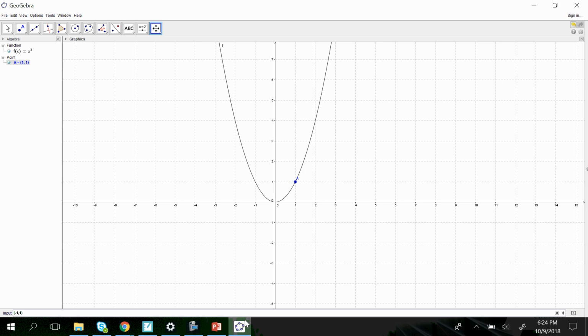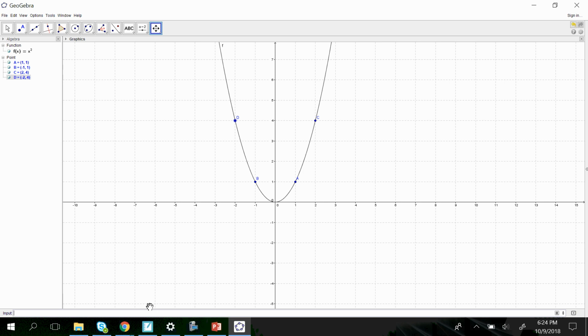Now notice this time on the second point, I only changed the sign of the x value, and the y value is the same. So we have symmetry across the y-axis. I could use other points too, like 2, comma 4, and -2, comma 4. Right, and so you'll see that that will always happen with an even function.